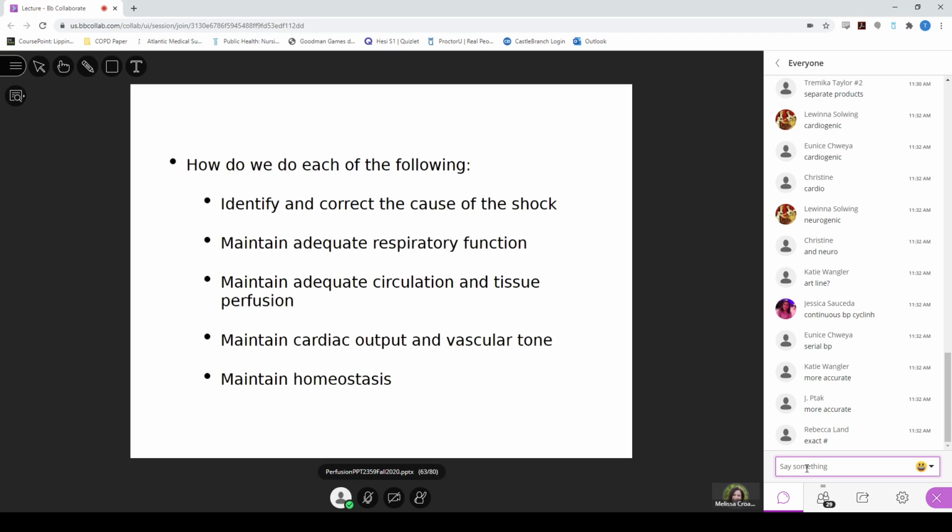You can put too big of a blood pressure cuff on me and my pressure is going to be low. You put too small, my pressure is going to be high. A normal size cuff on a patient that's in hypovolemic shock, you're probably not going to get a reading at all, honestly. So you've got to be able to have art line access to really monitor the blood pressure on this patient.